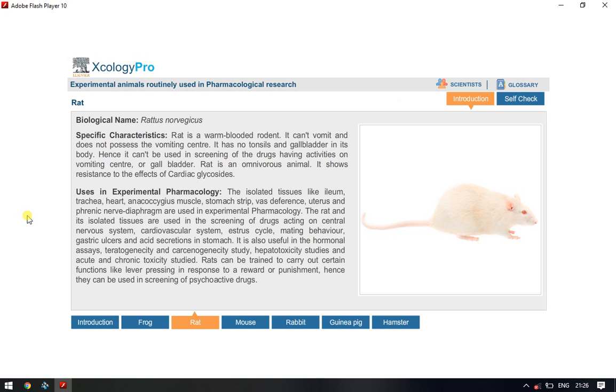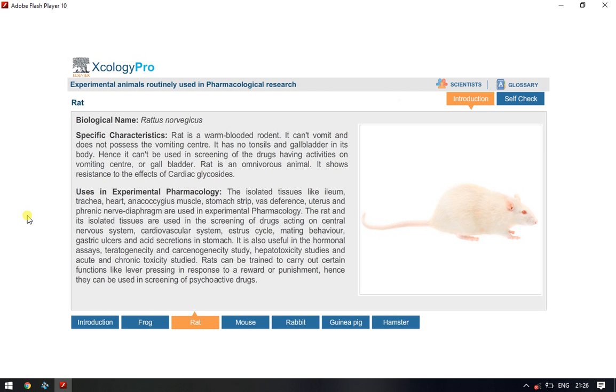Uses in experimental pharmacology. The isolated tissues like ileum, trachea, heart, anococcygeus muscle, stomach strip, vas deferens, uterus, and phrenic nerve diaphragm are used in experimental pharmacology.